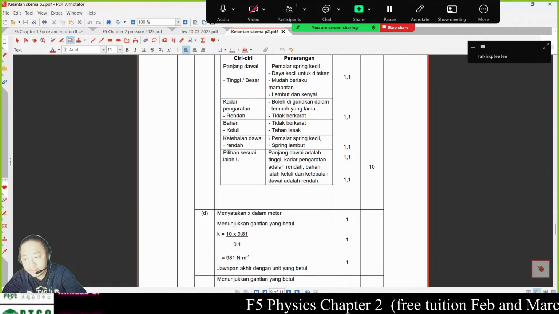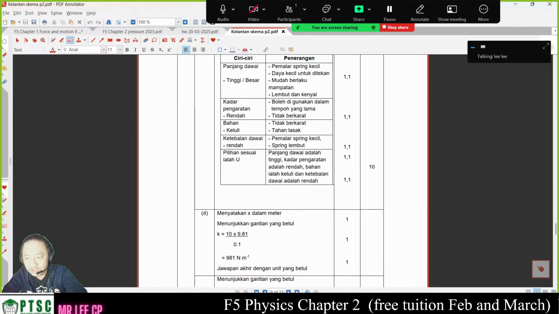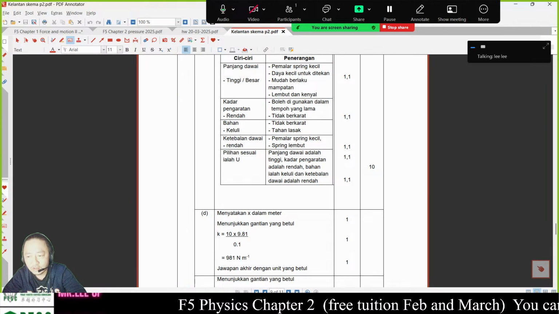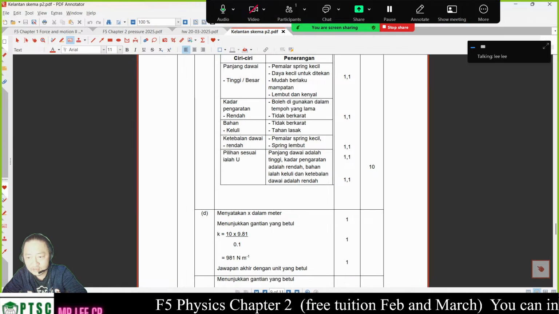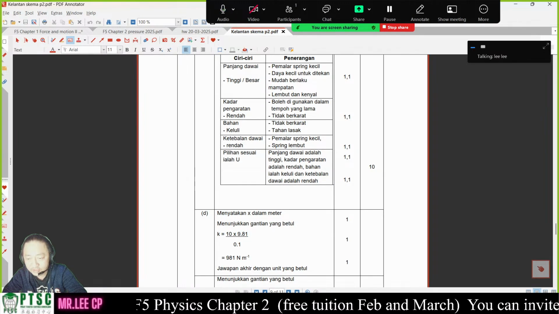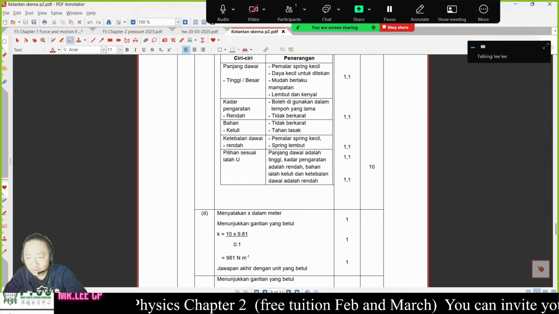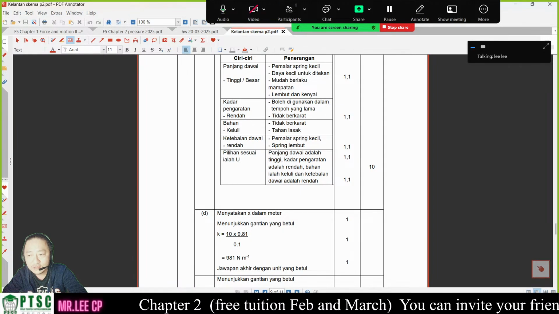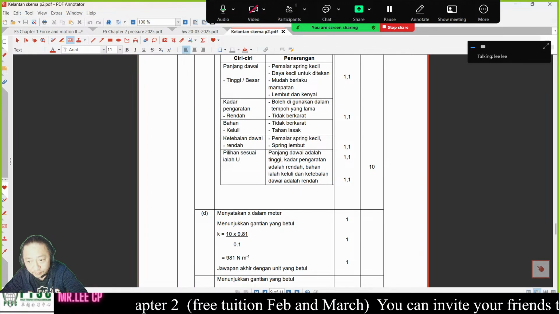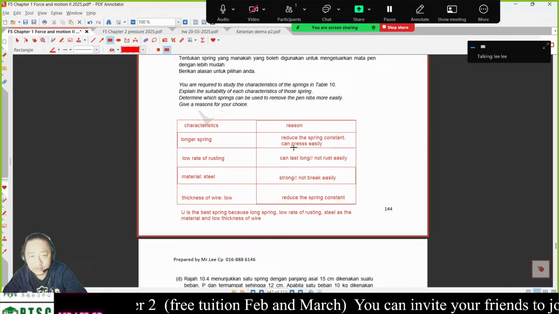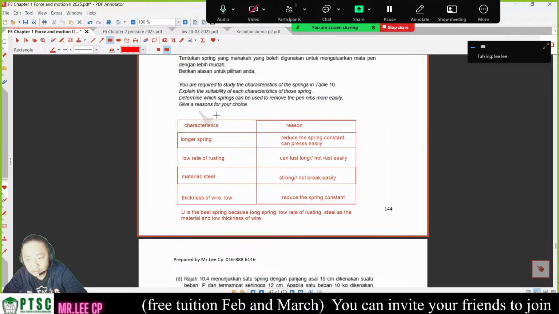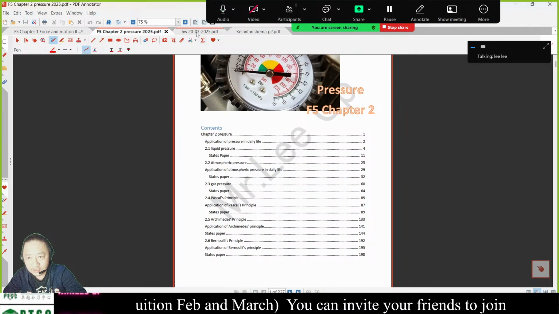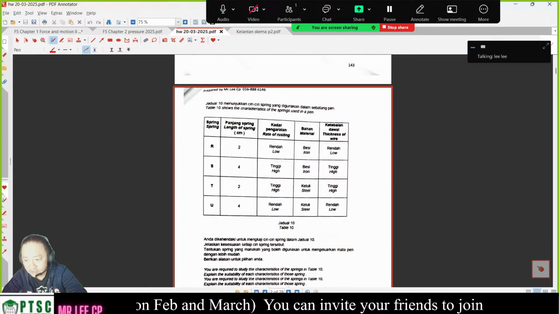Keluli tahan tidak berkarat. You just repeat. Can last long. These two can repeat the same one. Thickness is low. Lembut. K is small. The spring constant is small. Or U, and then you just repeat. This is how you're going to answer this. Where you answered here, it is quite okay. I like your answer.